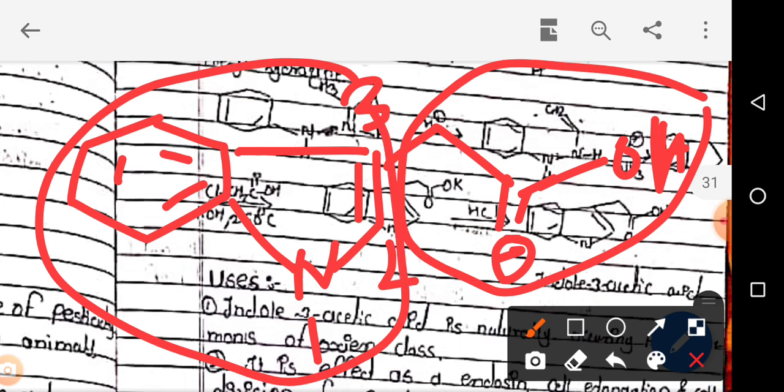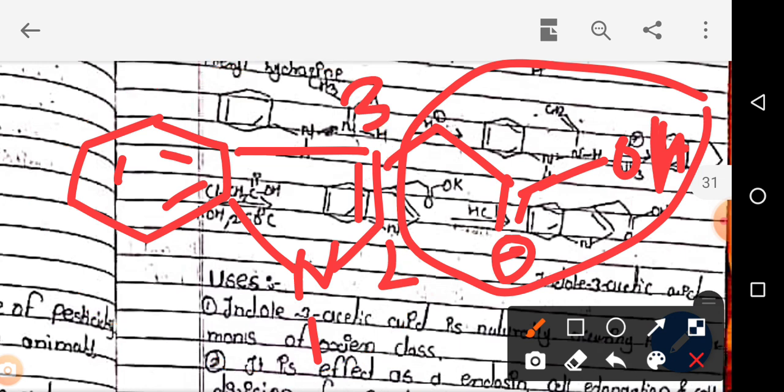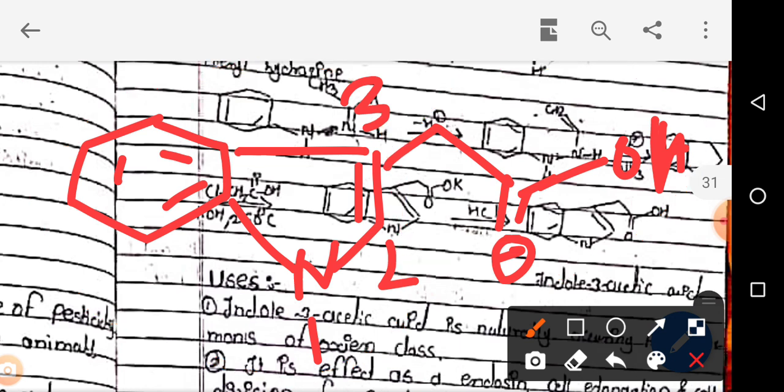If you know the structure of indole 3 acetic acid, you can remember and find the reactant also by practicing. How can we find the reactant? Very simple.